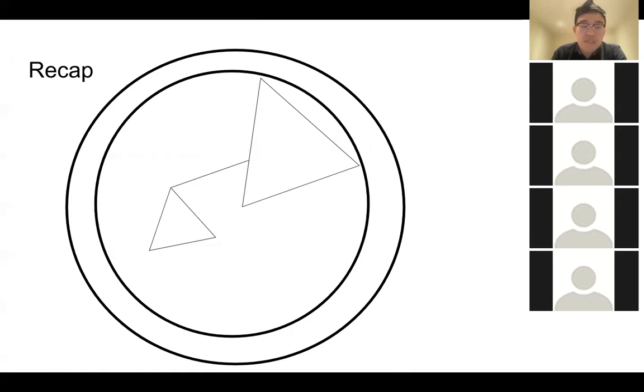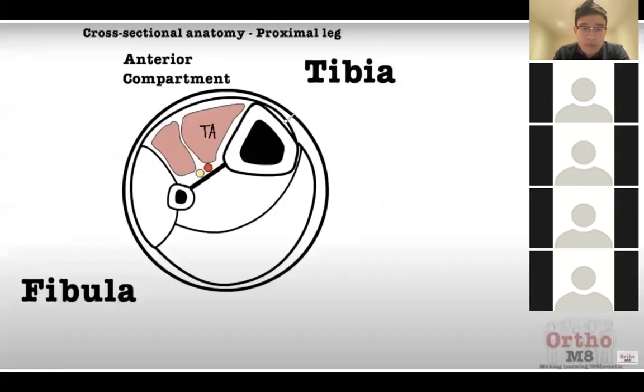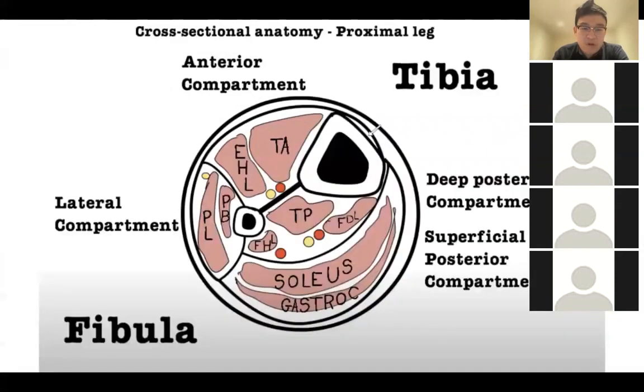Your reference points would be the anteromedial facet of your tibia, the face of the tibia on the anteromedial side, which is a triangular shape in the midshaft, and it slowly becomes more square shaped towards the distal end. But just remember it as a triangle. There are loads of YouTube videos out there to explain what these compartments are, so I won't delve into it, and what the individual muscles are. So you should be able to label them if you're coming up to the interview.